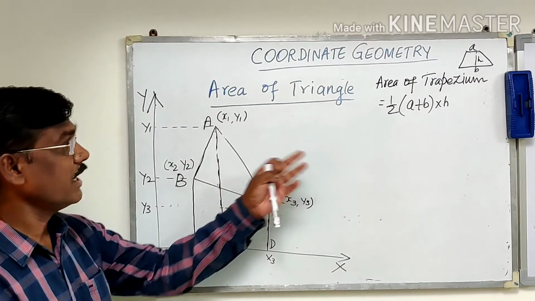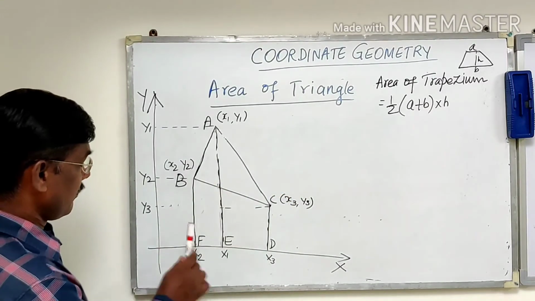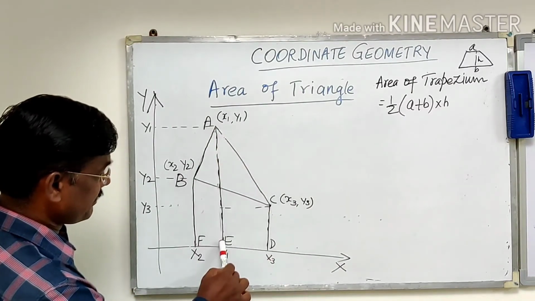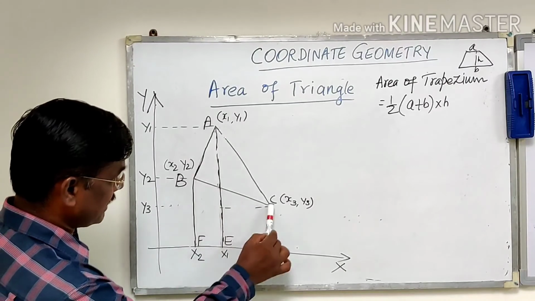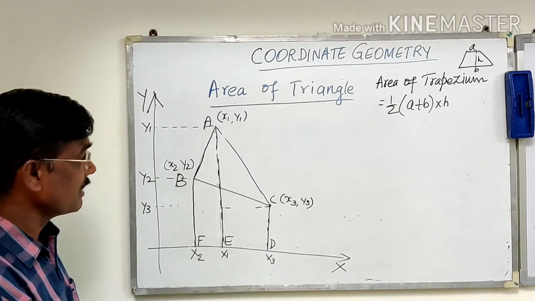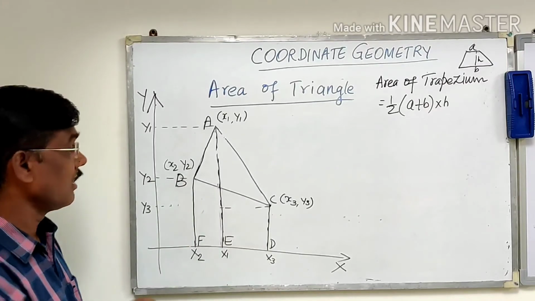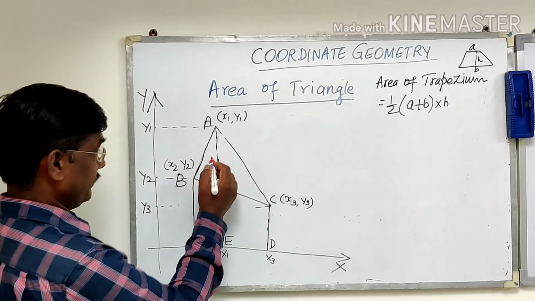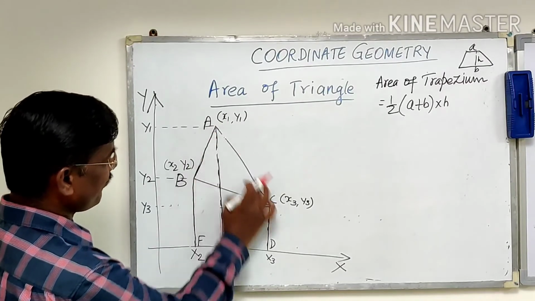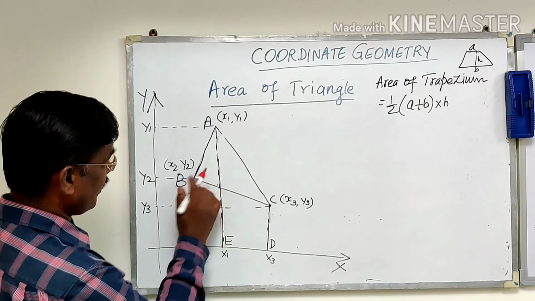Because this is one trapezium, here is another trapezium, and the third trapezium is this, right?